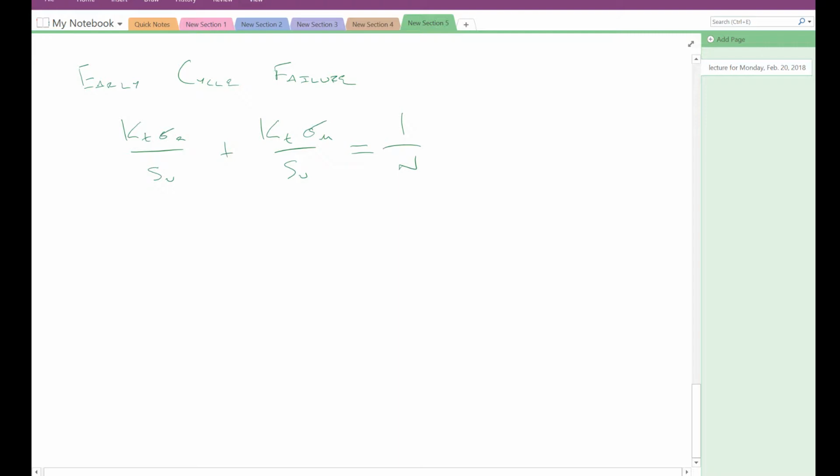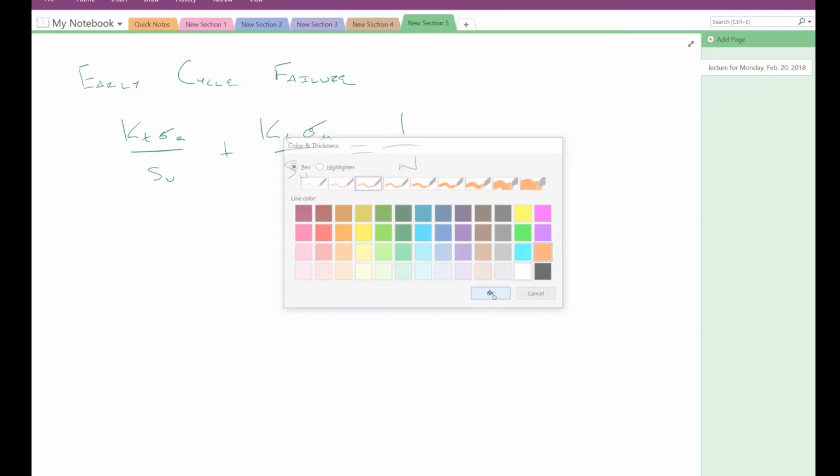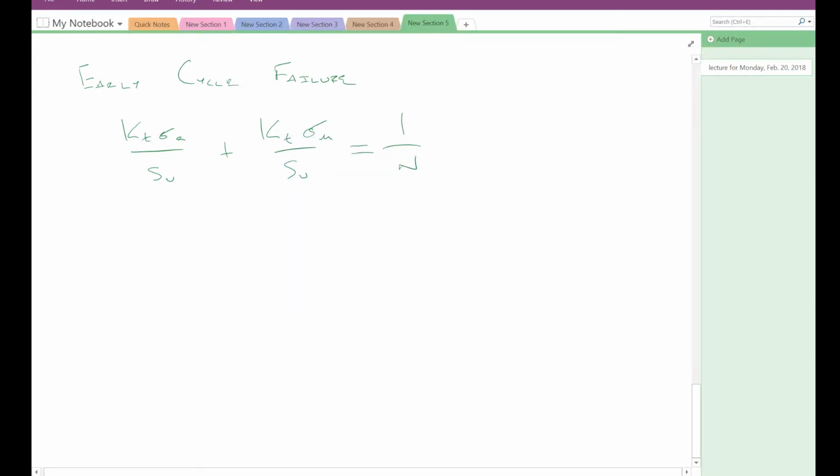So if we go in here and we'll change colors to orange, we can look at our Gerber criterion again.